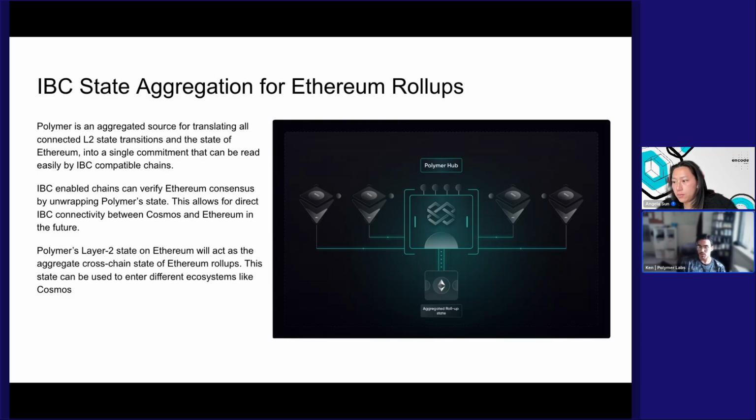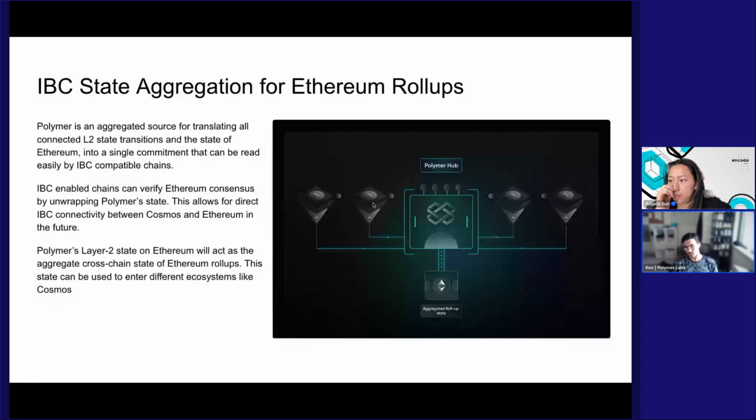And then Polymer is able to verify these transactions and allow for direct rollup to rollup connectivity by ensuring that the state has been verified and transactions can flow securely and efficiently from source chain to destination chain. And what this really creates is the aggregated cross-chain state across Ethereum rollups.